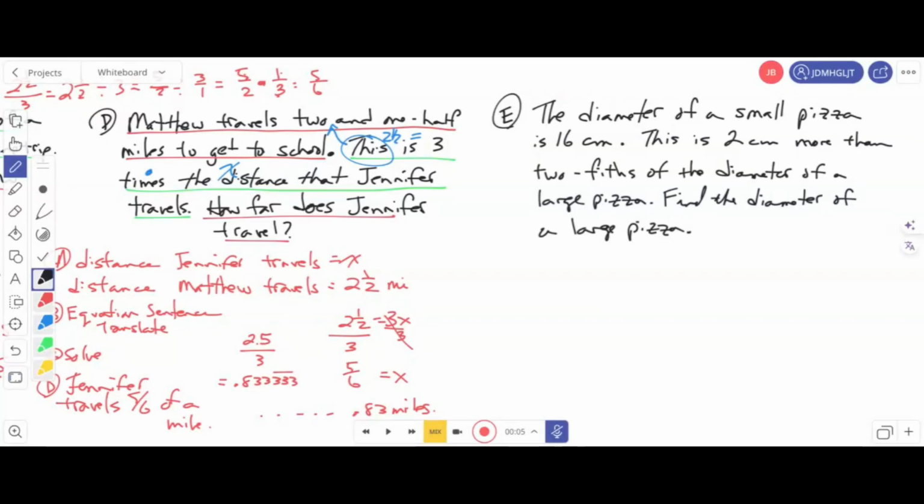Okay, let's take a look. First thing, they want us to find the diameter of the large pizza. We will call that X. Information sentence says the diameter of a small pizza is 16 centimeters.